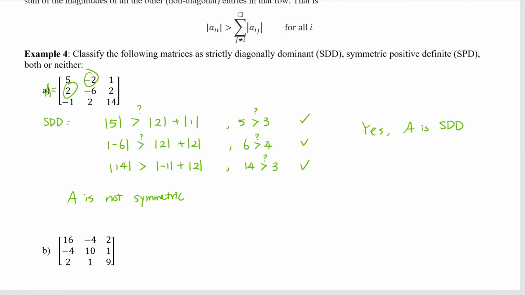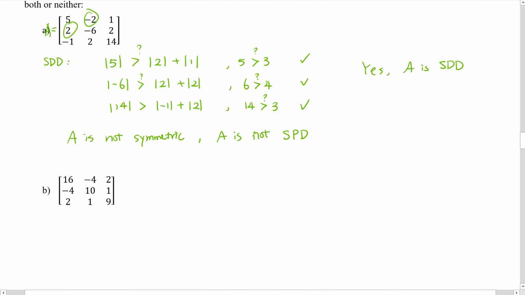They're not the same. So A is not symmetric, so A is not SPD. Symmetric positive definite has to be symmetric first. Let me write SPD better. Okay, let's continue.